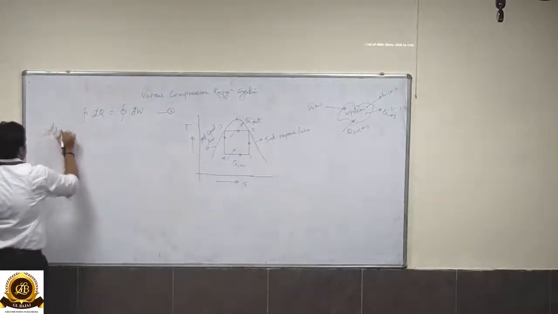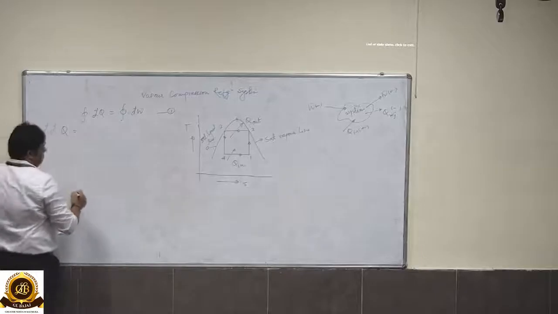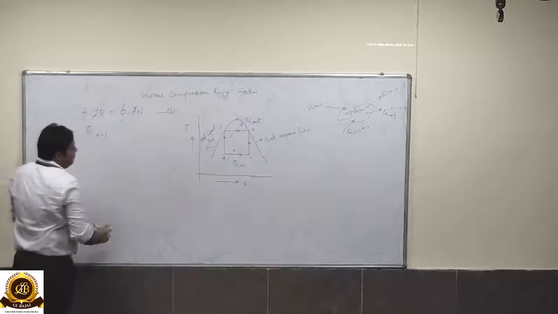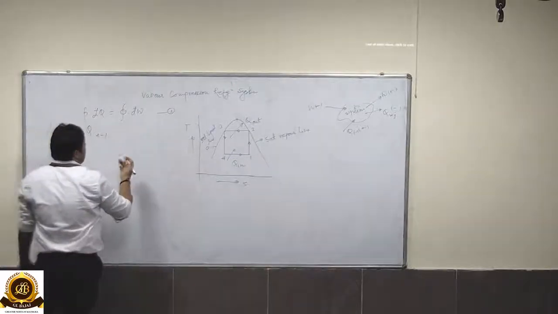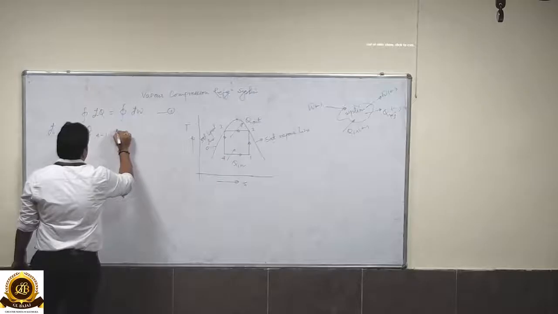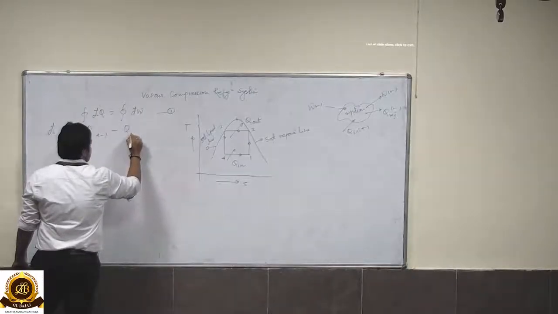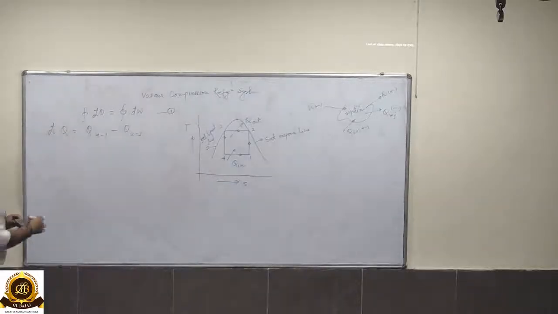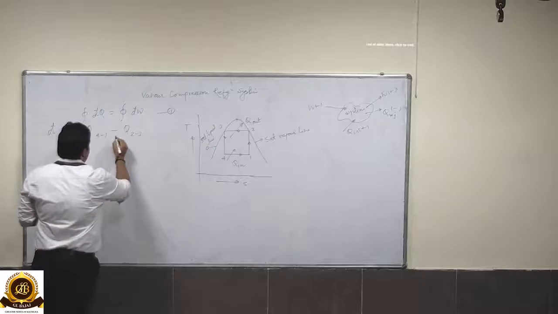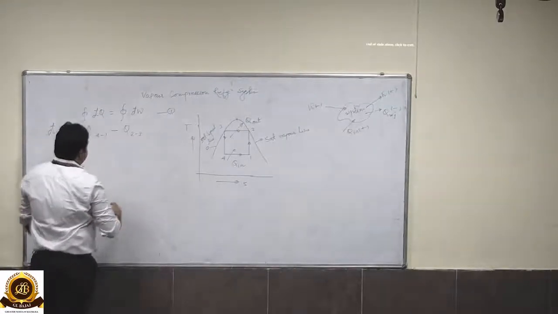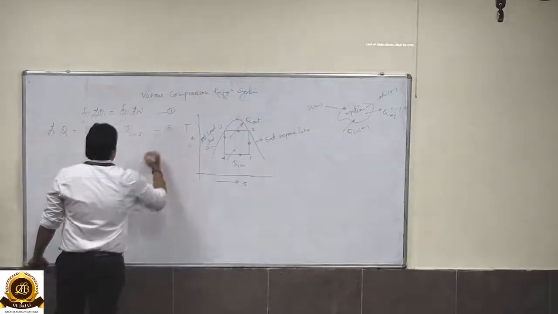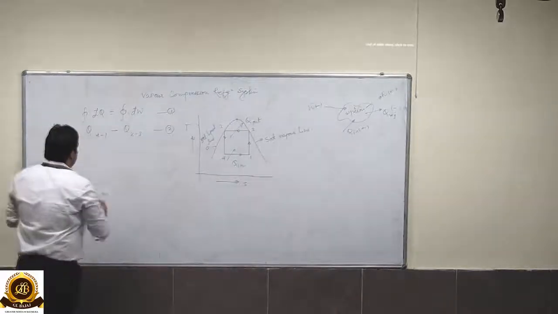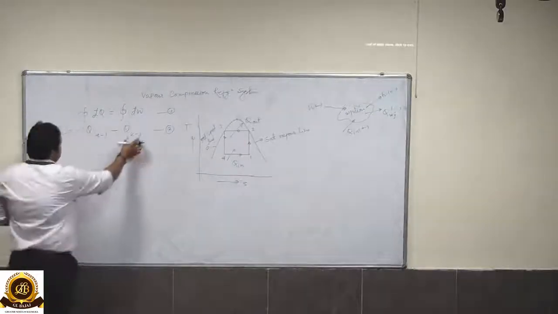So del Q will be Q 4 to 1, which is positive because the heat is being added, while process 2 to 3 is a heat rejection process, where heat is rejected in the condenser, so it will be negative. So we represent del Q as Q 4 to 1 minus Q 2 to 3, that is the heat rejection.